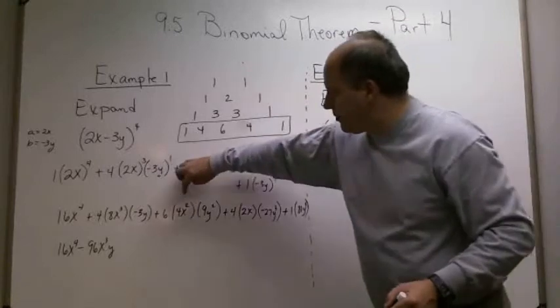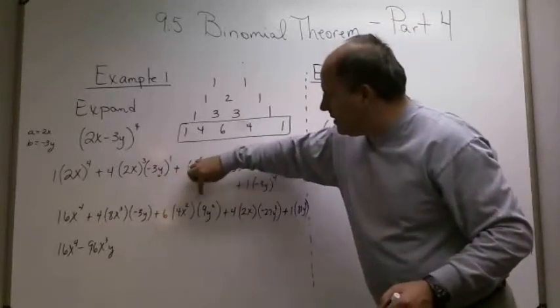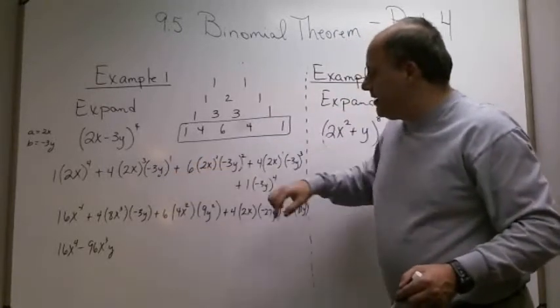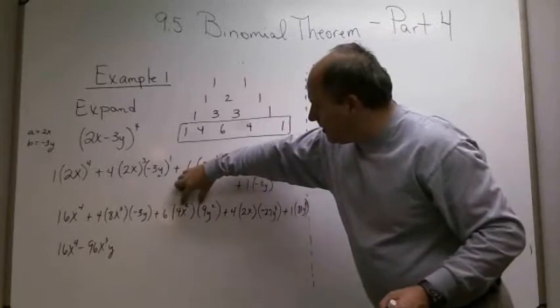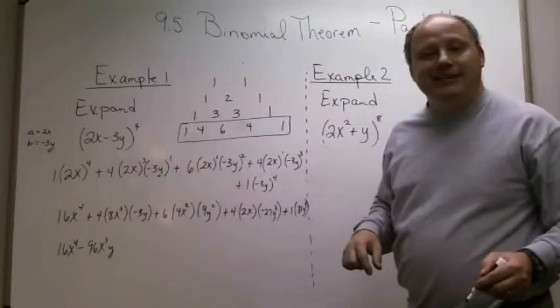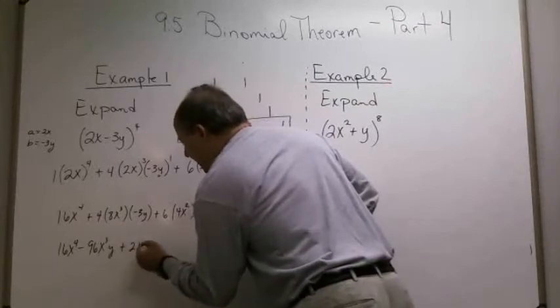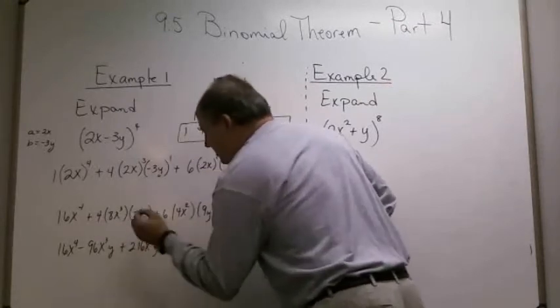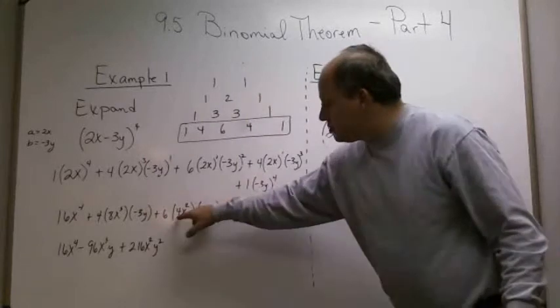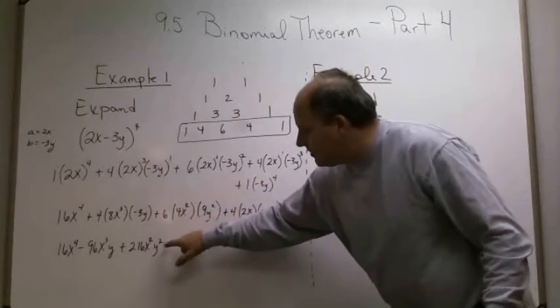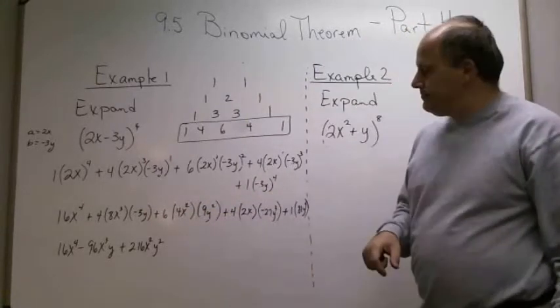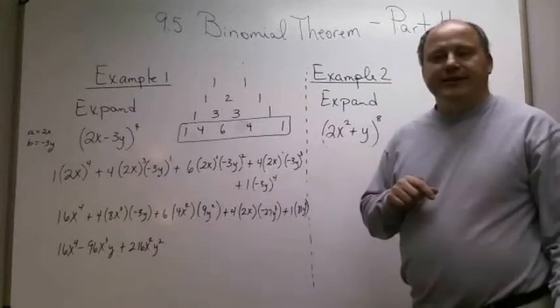And then you multiply the third term, 6 times 4 times 9, and that'd be what, 36, I think that's like 216. So that's going to be a positive 216x to the 2nd and y to the 2nd. So not only do you have to multiply the numbers together, you have to collect the variables and put them beside it. So that's your third term of your expansion.